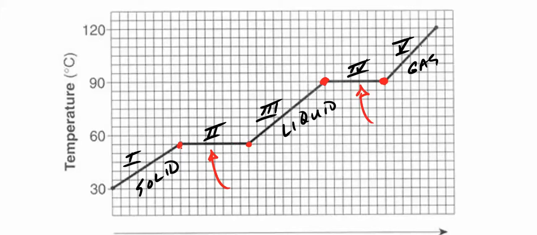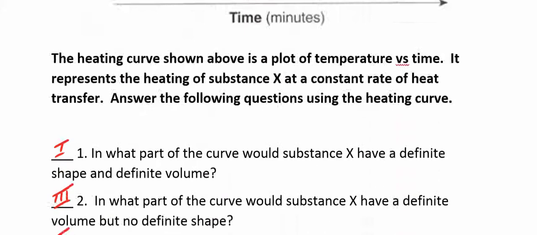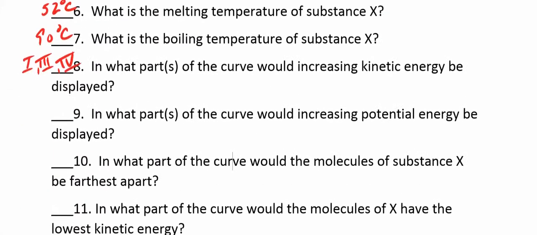If the temperature is not rising, that means the kinetic energy isn't increasing. But we know we're putting energy in. So where's it going? It has to be going into potential energy. So Roman numerals 2 and 4 would be the places where potential energy is increasing. So we'll write 2 and 4 for number 9.